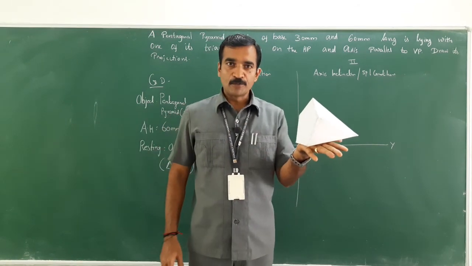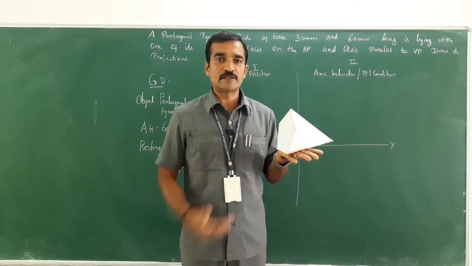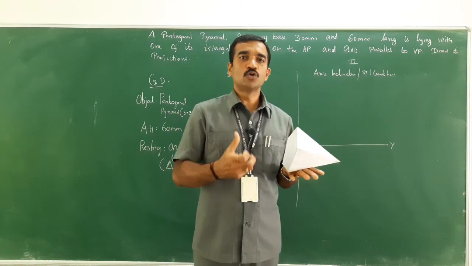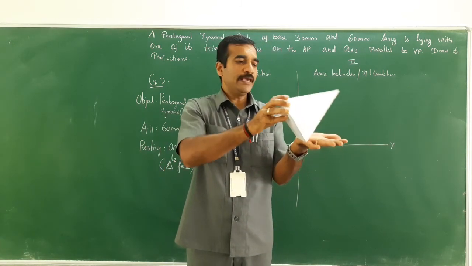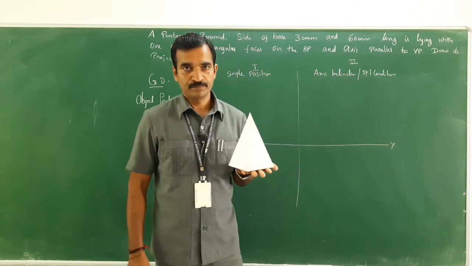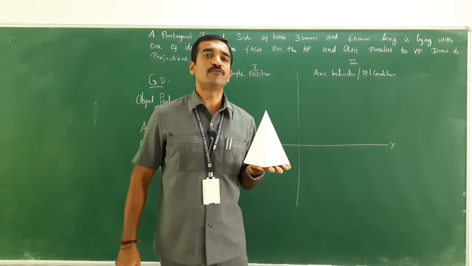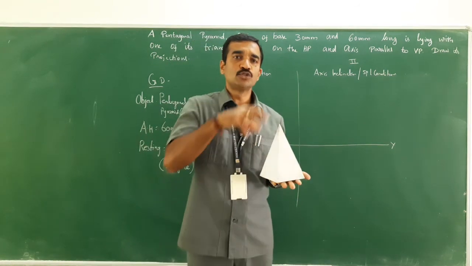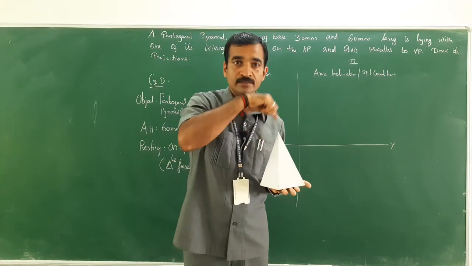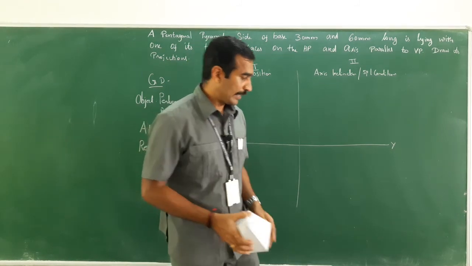So this is the final position where the object is lying with one of its triangular faces on HP. In order to draw the true shape, I am going to make the axis perpendicular to HP. Now the axis is making 90 degrees with HP, therefore I could see the true shape on HP. Looking from the top, I could see the pentagonal shape, that is the true shape, right? So this is what I am going to draw.